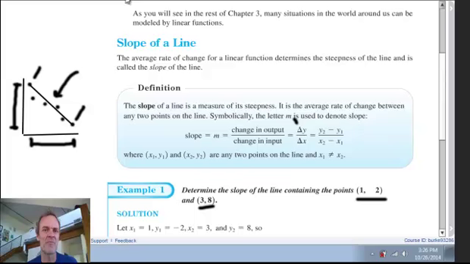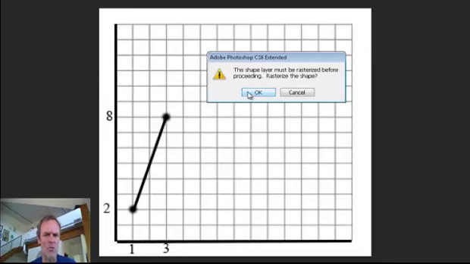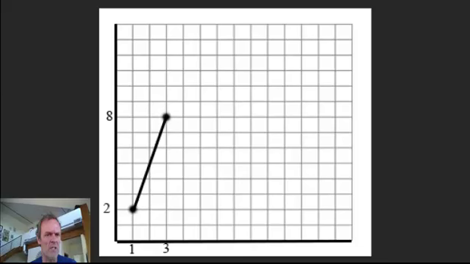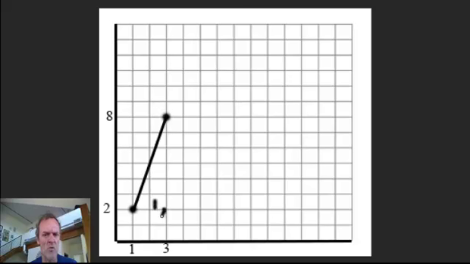I've done a little graph. Okay, 1, 2, x and y, and 3, 8, x and y. Here we go. So here is 1, 2, right? Here is the point. Let's get a little bit of a smaller pen. Okay, this is the point 1, 2. And this is the point 3, 8.